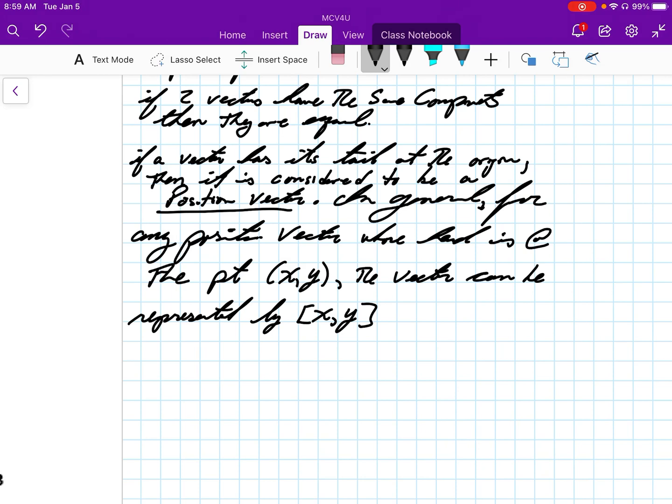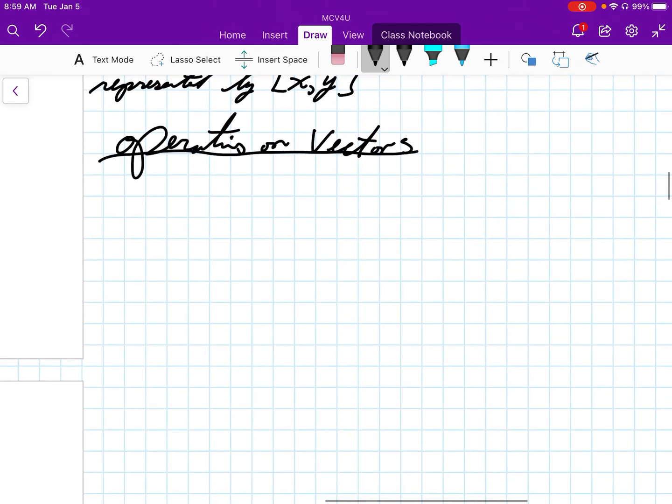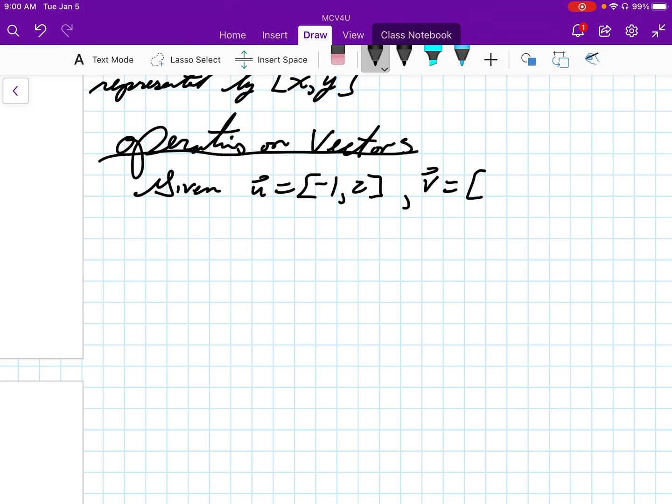Okay. Now what we're going to take a look at is some operations on vectors, on these algebraic vectors. How we're going to do this is we're going to take a look at a couple of examples geometrically and see how quickly we can do these algebraically. We'll be given two position vectors: u is (-1, 2), and the vector v, let's say, is (3, 5).